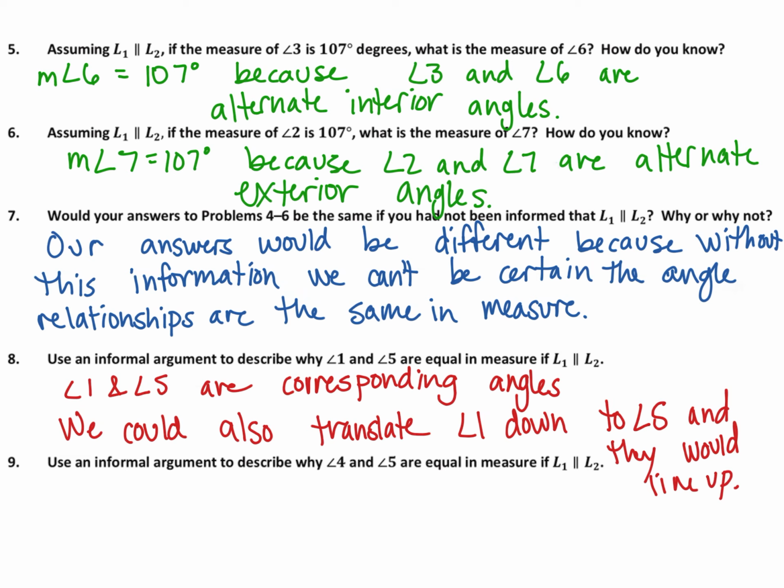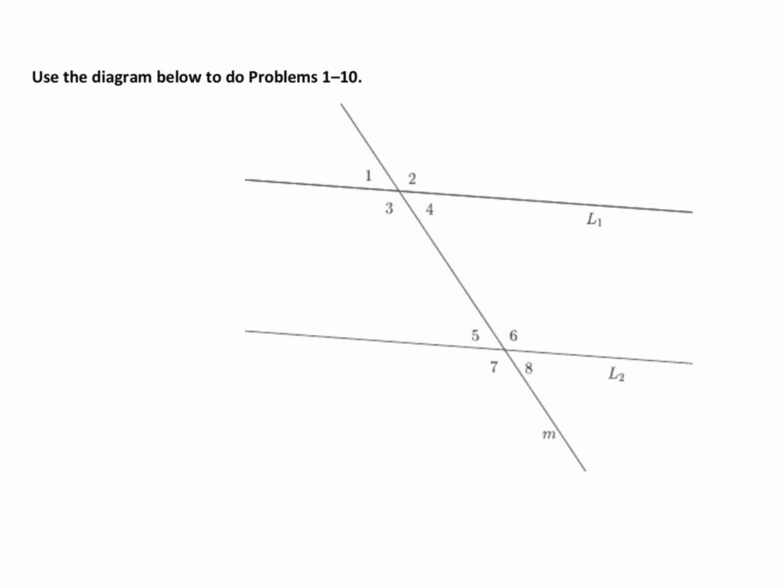Number 9 says use an informal argument to describe why 4 and 5 are equal in measure. So angle 4 can be brought down and then rotated over to match up with angle 5.